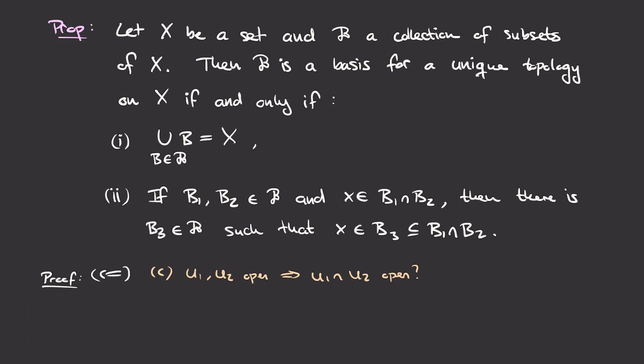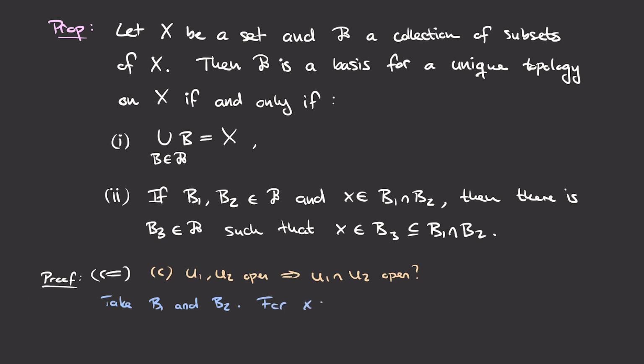And now recall that the way we've defined open sets in this thing we want to be a topology, it means that U1 is going to be some union of basis elements, and also U2 is going to be some union of basis elements. And now we're first going to look at the special case where U1 and U2 are themselves basis elements. So we're going to take some B1 and B2, and we're going to show that their intersection is going to be again an open set in this thing we're trying to define as a topology.